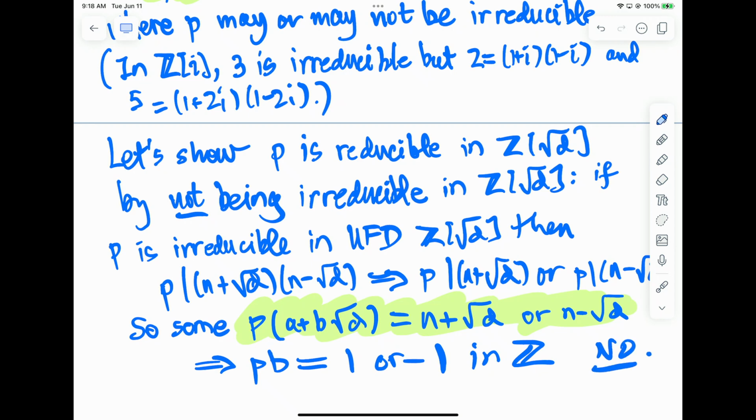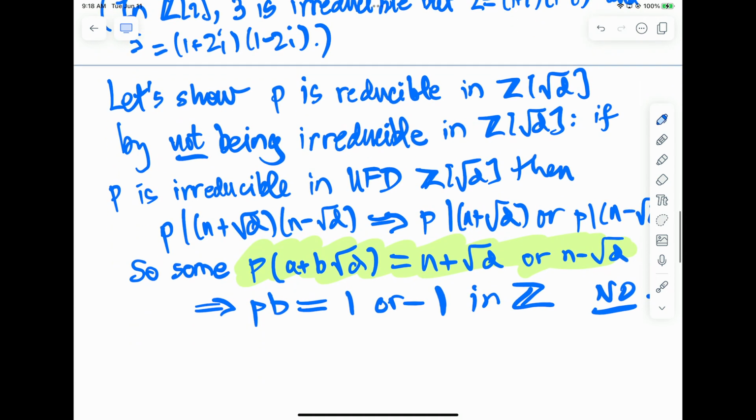So, in fact, because of that divisibility, P cannot be irreducible in Z root D having unique factorization. Thus, P is reducible.